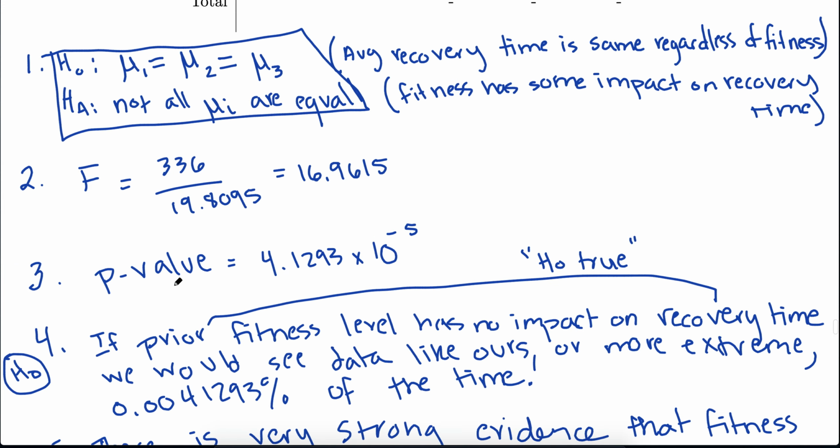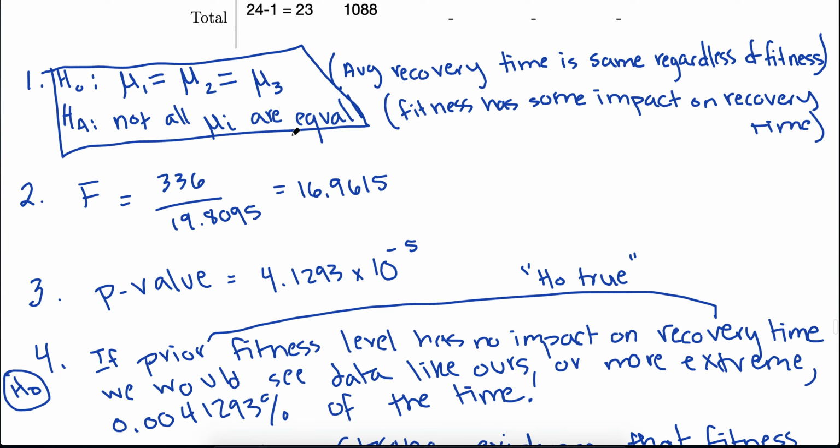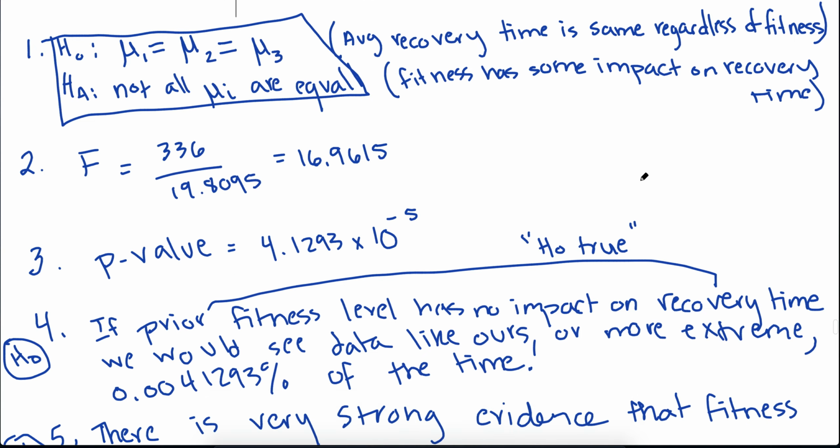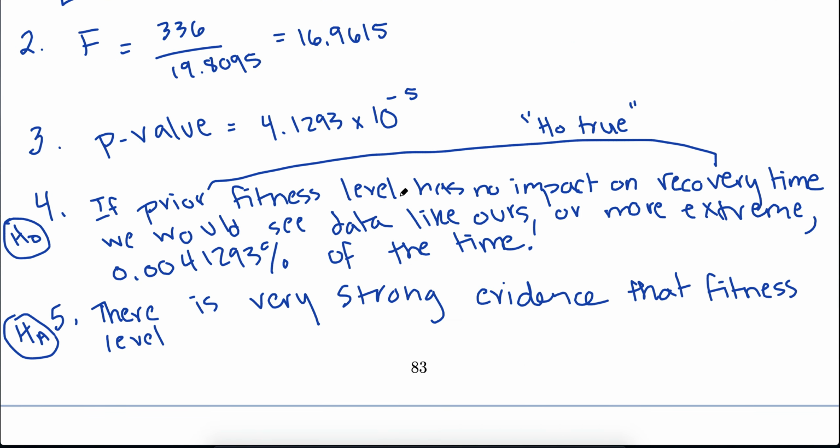That's our HA, saying not all mu i are equal, or fitness level has some impact on recovery time. We observed that it kind of looked like more fit, shorter recovery time, but we can't be that specific. All we can say is there is some impact. So there's very strong evidence that fitness level has an impact, don't give details because we don't know them, on recovery time.